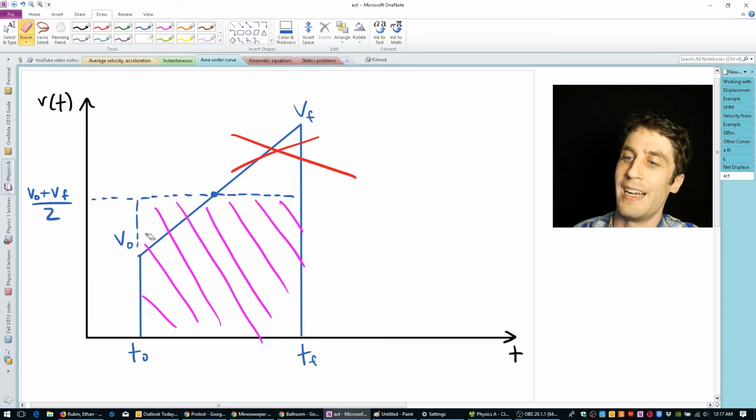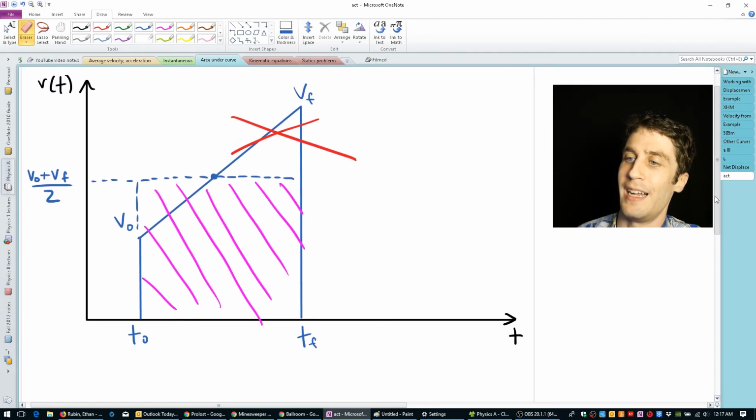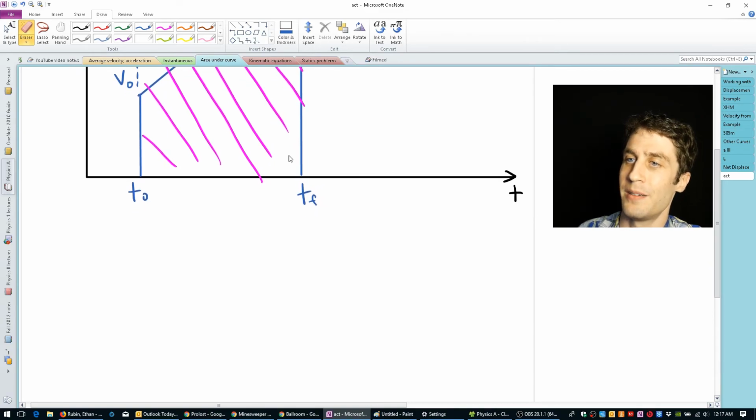So it should be halfway between V naught and V final. All right. So what's the area?